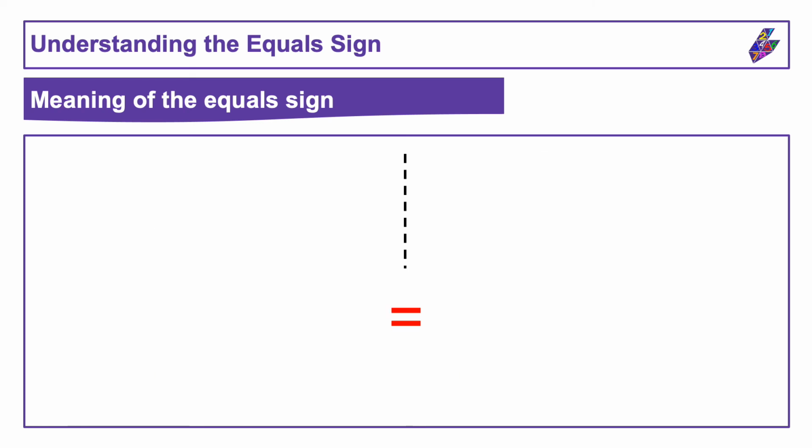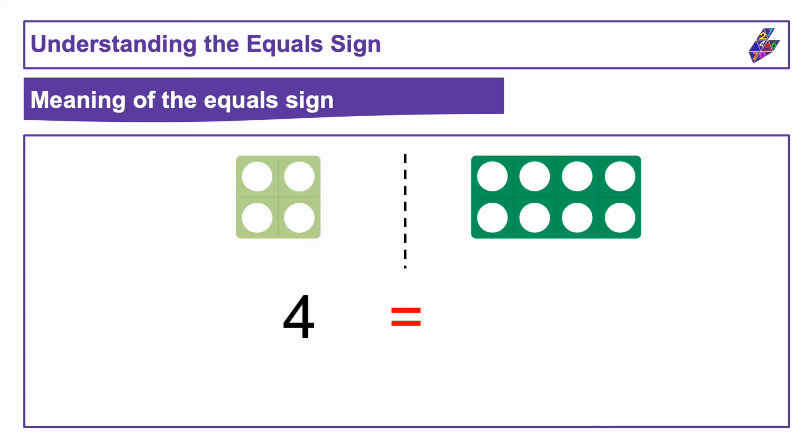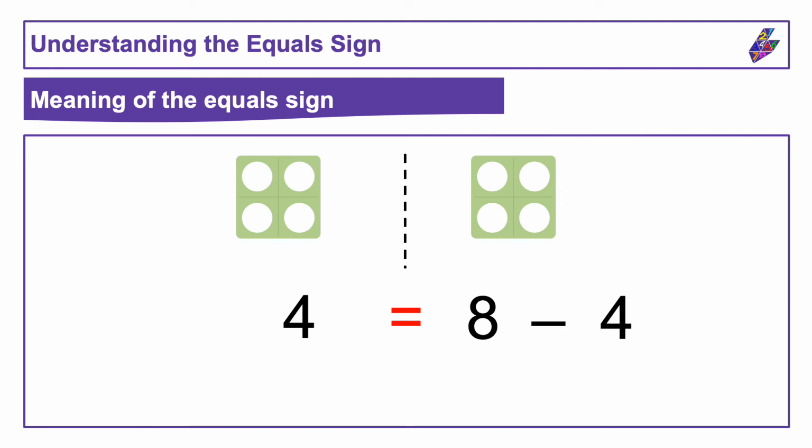I could show this same relationship with the operation on the right-hand side of the equal sign instead of the left-hand side. Now we can read this as 4 is equal to 8 minus 4. Again, we must remember to read this from left to right. Both sides of our equal sign have the same value, 4.